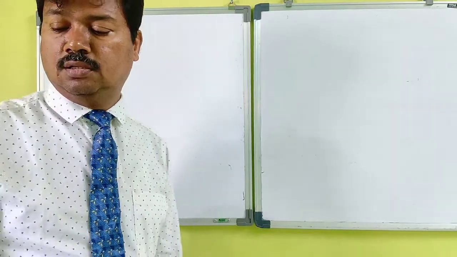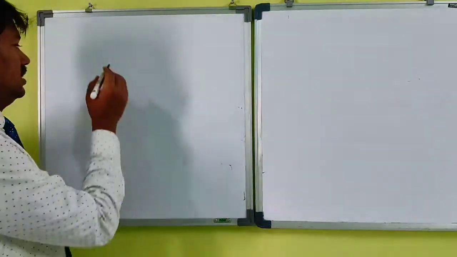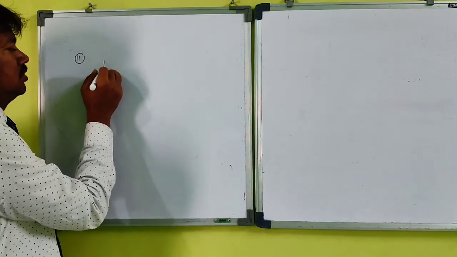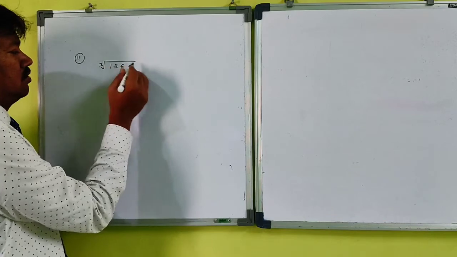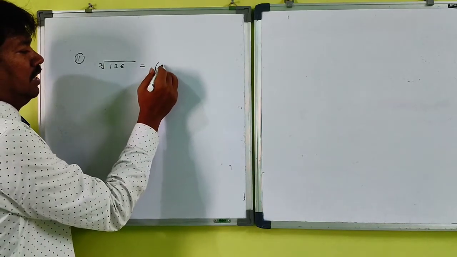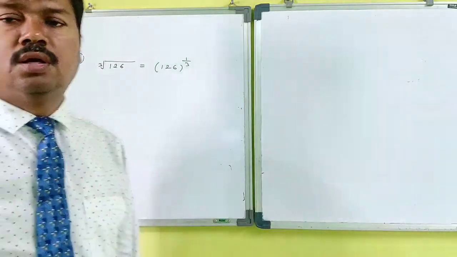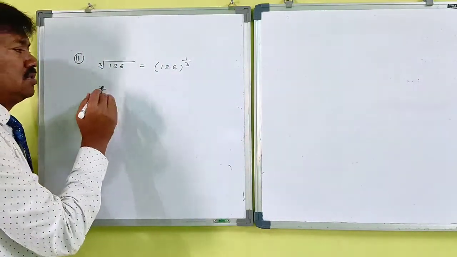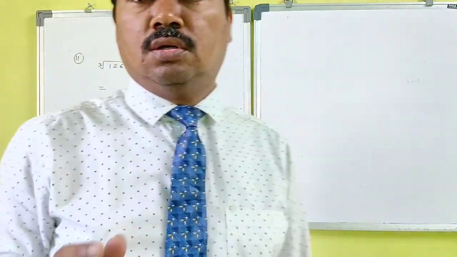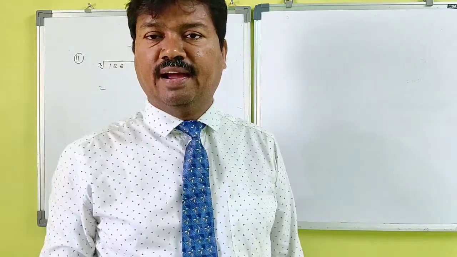Similarly, you have to find the cube root of 126. That is the second part of that question. You can write this as 126 raised to 1 upon 3. In this case, the nearest complete cube is 125.